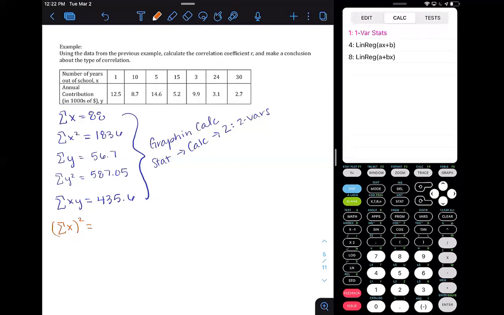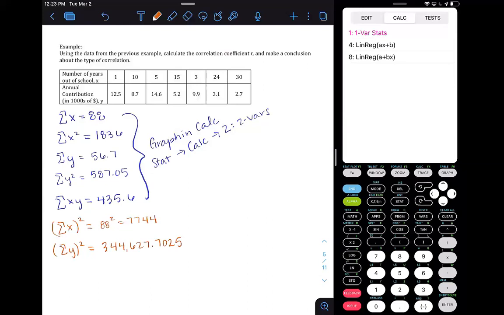So we're going to do 88 squared, and we get 7,744. We also need the summation of y, quantity squared.